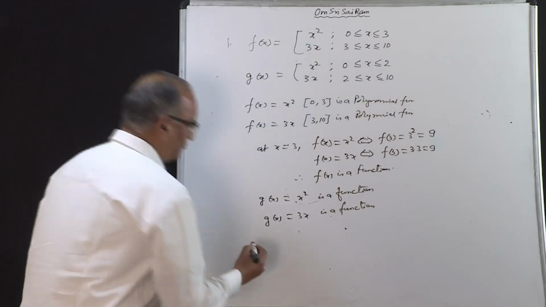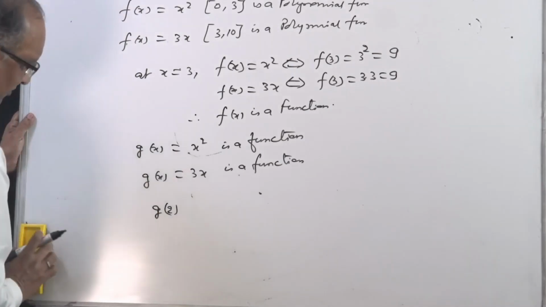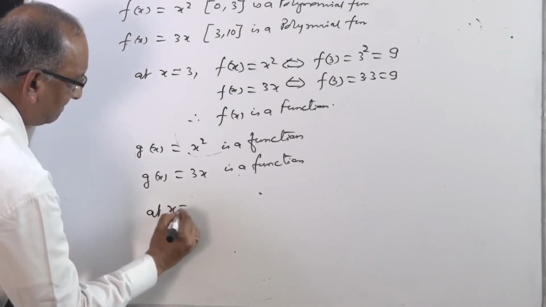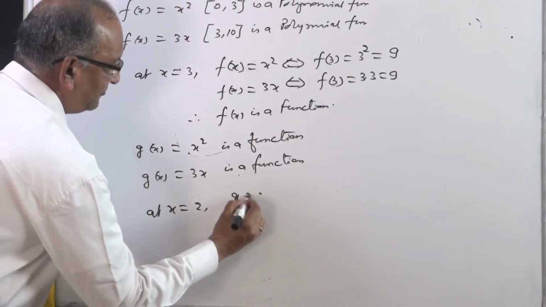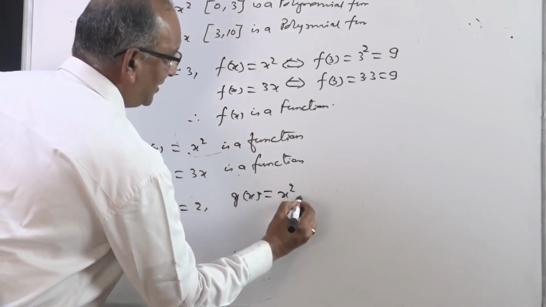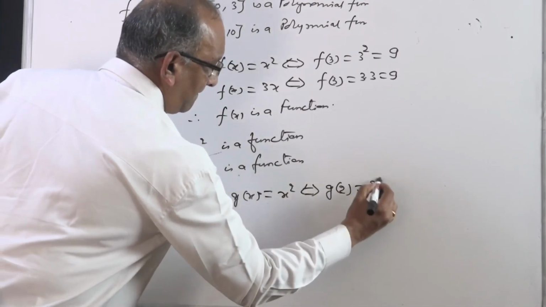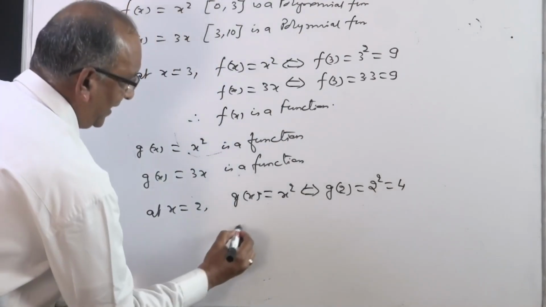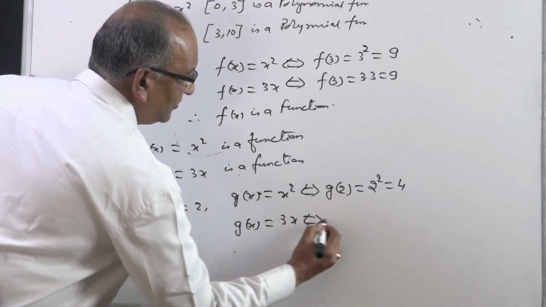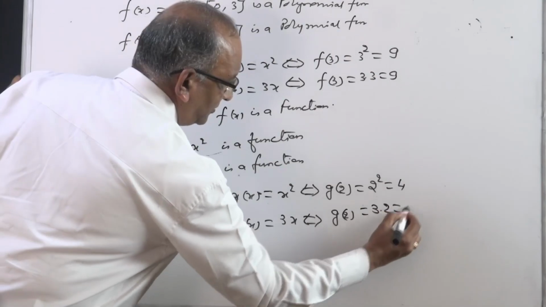So first find out what is g(2), find out at x equal to 2. g(x) equal to x square will give you g(2) equal to 2 square equal to 4, and g(x) equal to 3x will give you g(2) equal to 3 into 2 equal to 6.